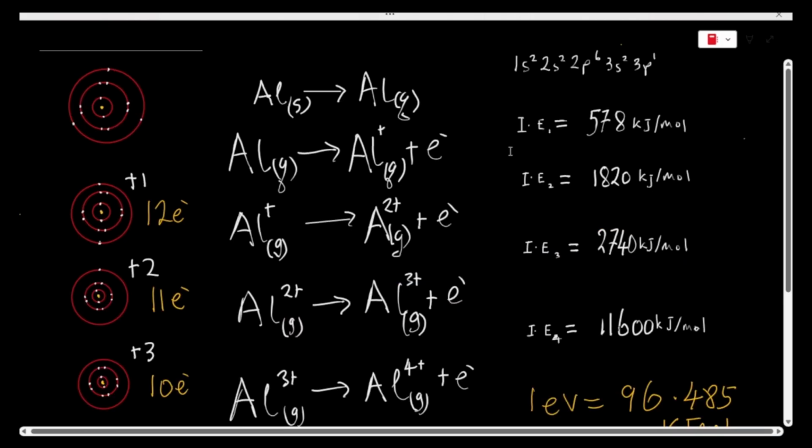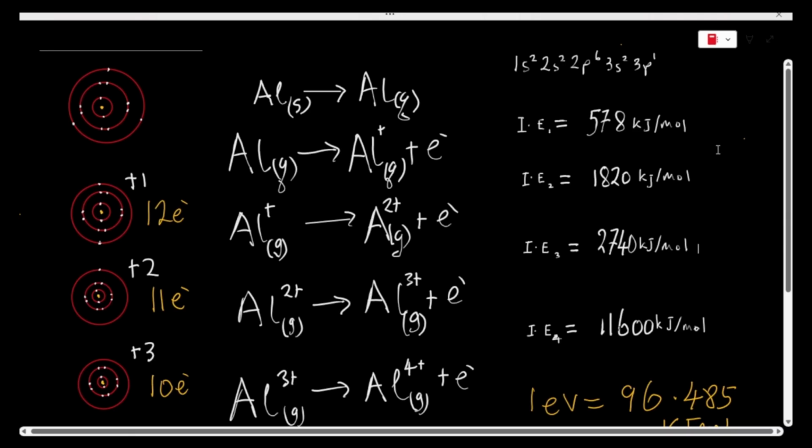Now, you can see that the first ionization energy of aluminium is 578 kilojoules per mole. The second ionization energy is 1820 kilojoules per mole. And so subsequently, progressively, you realize that the ionization energies increase.